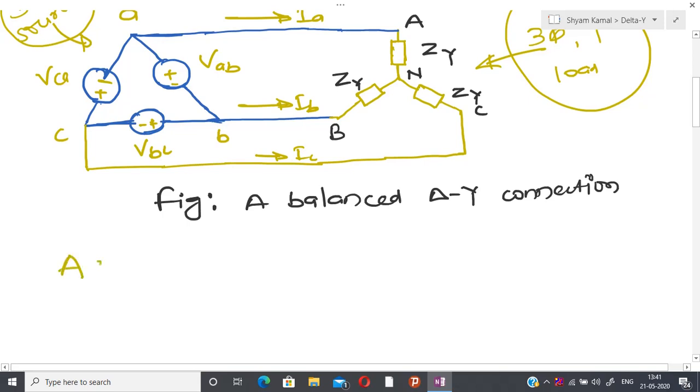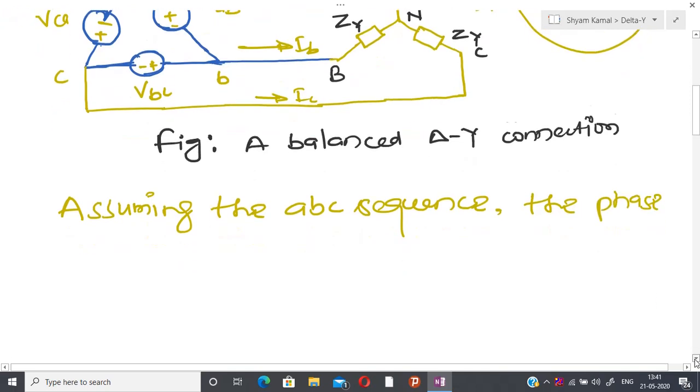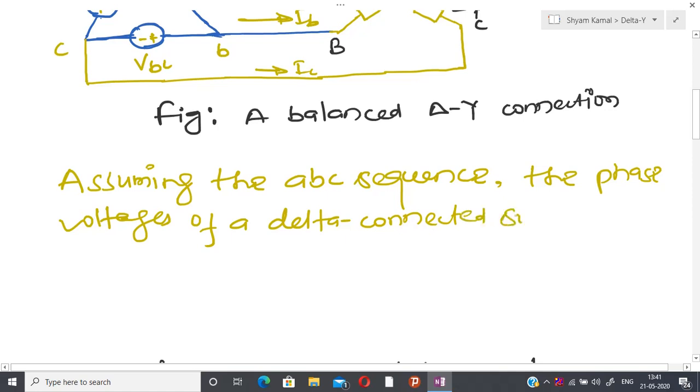Assuming the ABC sequence, I can write the phase voltages of a delta connected source.